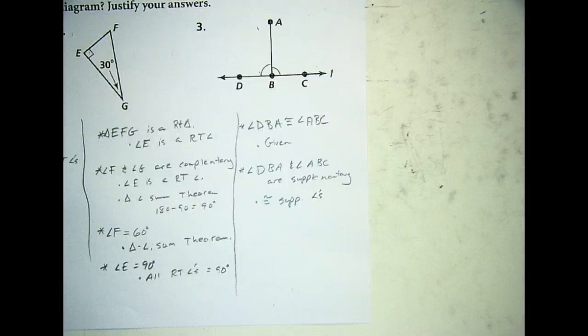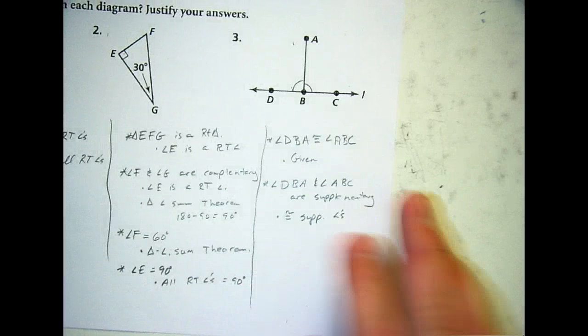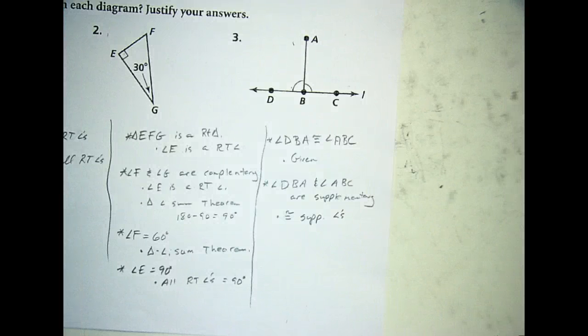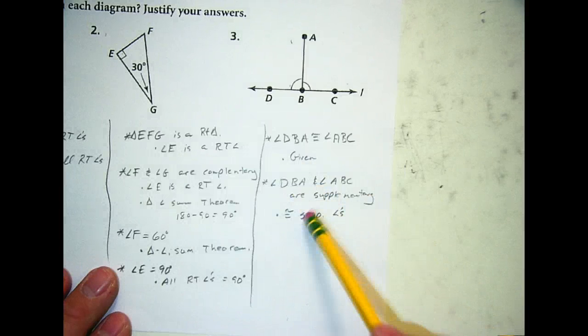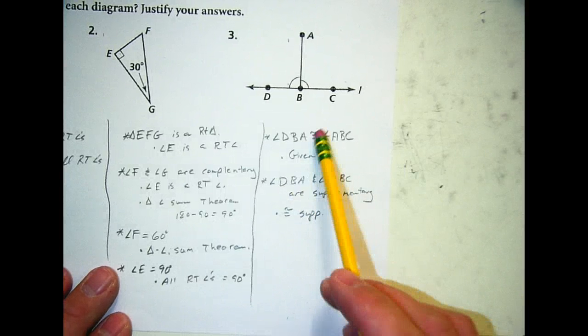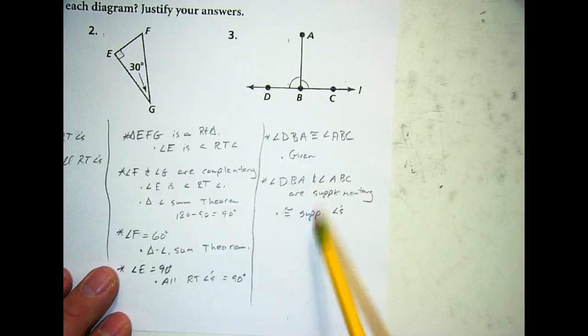Now, what do I expect? I don't expect you to write all this stuff down. I want you to find at least 2 things usually that you can conclude. When it says what can you conclude, try to find 2 things. And usually the things can't be given things. So like this one, there's not a lot to conclude. Really, there's only one big one.